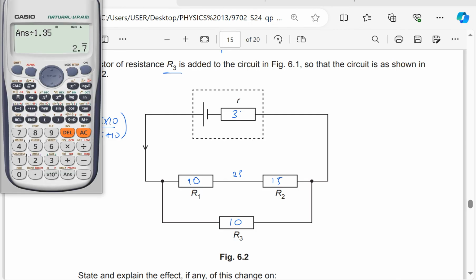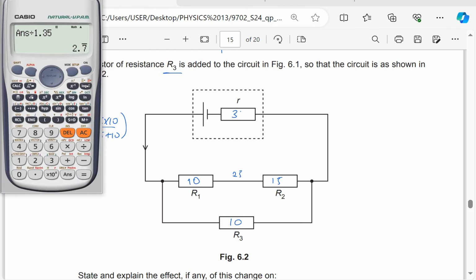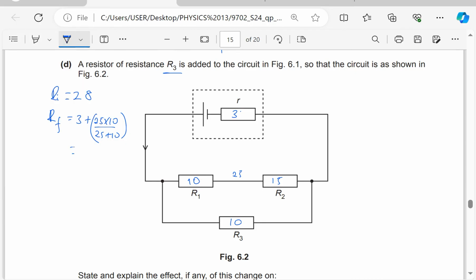I just want to give you a simpler explanation, that's why I'm doing this calculation here. So 25 times 10 over 25 plus 10. Then I add 3. So this is giving us approximately 10. So total resistance here would be approximately 10 ohms when we add another resistor.